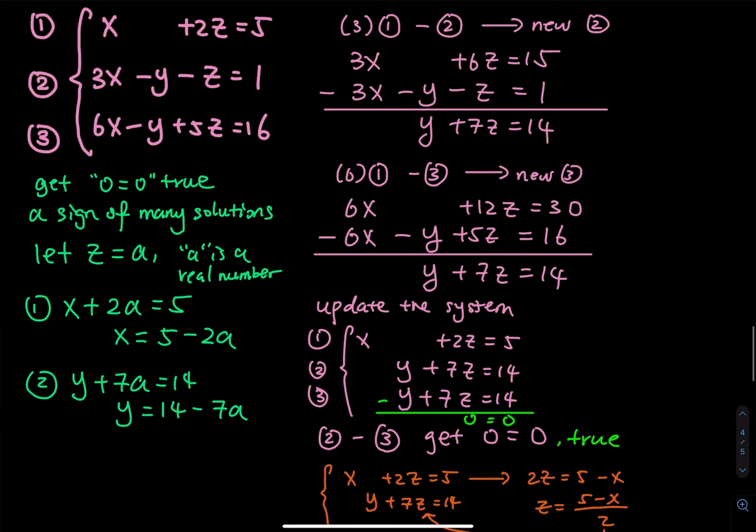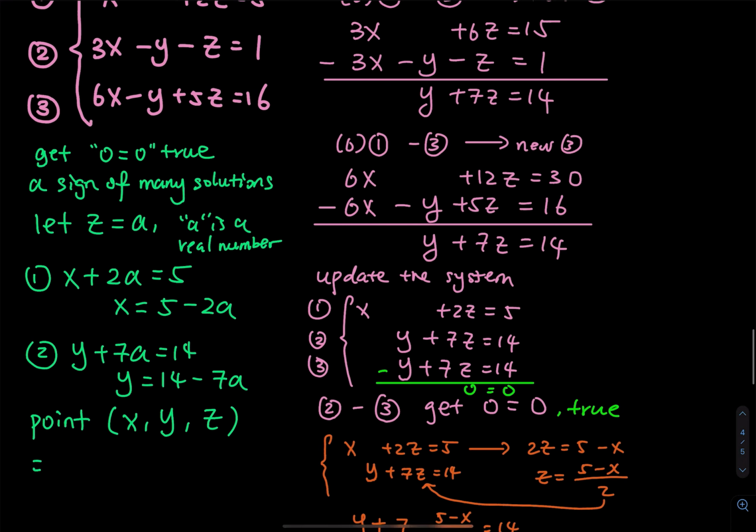So there are infinitely many solutions. The three equations, you can say the three planes, meet at a point x, y, z. All right, so what is the relationship between x, y, and z? When z equals a constant value, x equals 5 minus 2 times that constant value, and y is 14 minus 7 times that constant value.